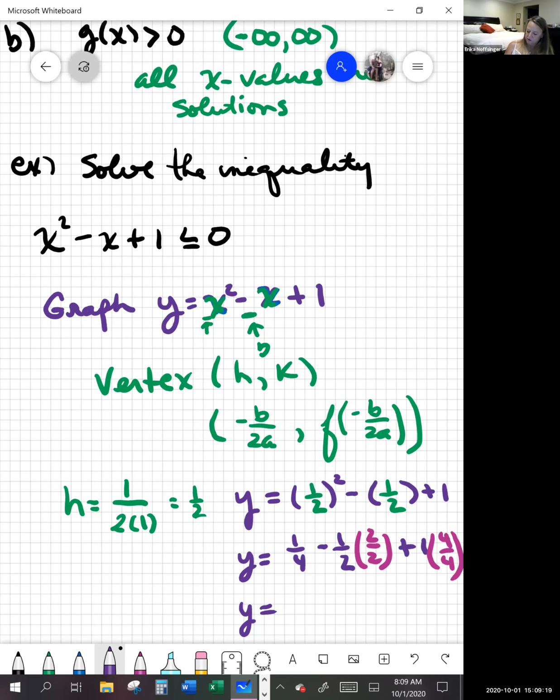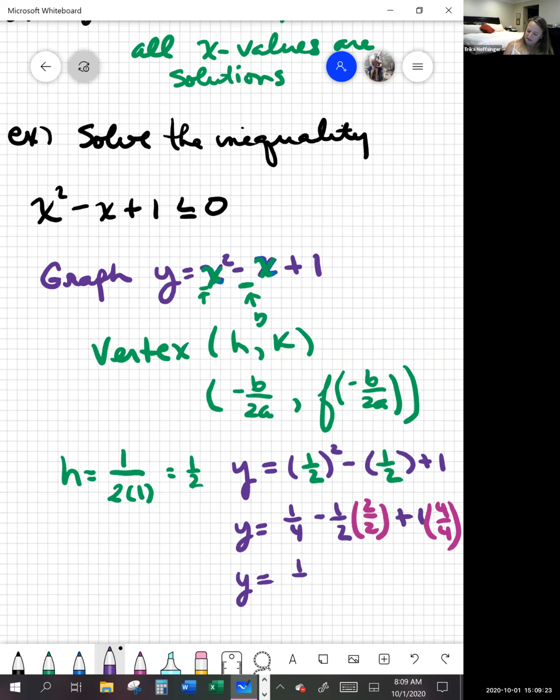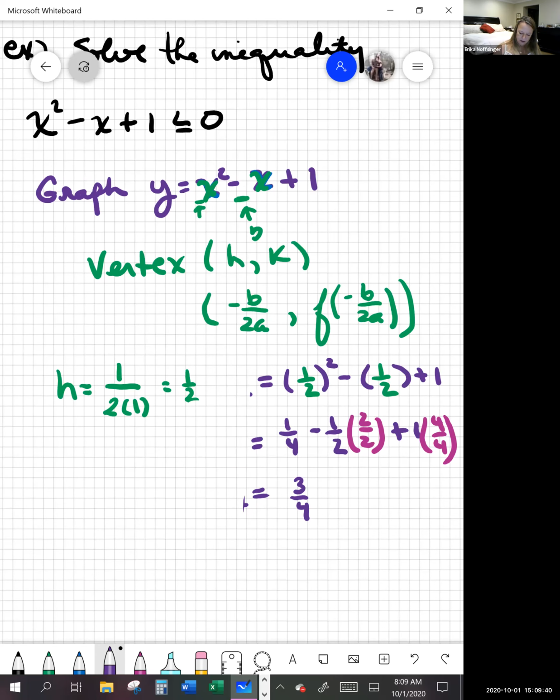So we get y is equal to 1/4 minus 2/4. So that's a negative 1/4, and negative 1/4 plus 4/4 is 3/4. That is k. Okay, so we just found our vertex: one half, comma, 3/4.